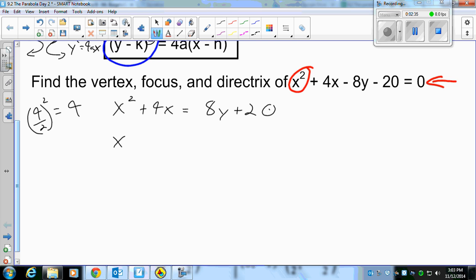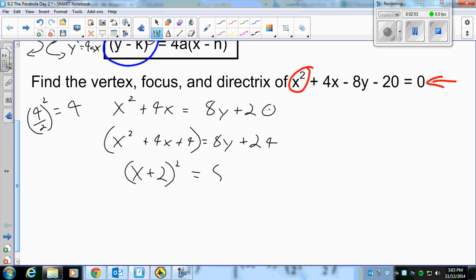So I add 4 to both sides. By adding 4 to both sides, I get my perfect square: x plus 2 squared equals 8y plus 24.